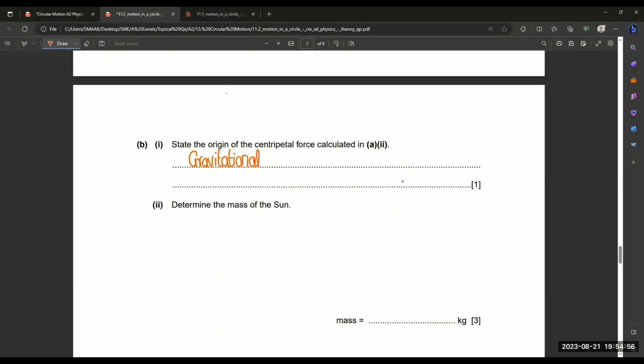So gravitational field strength is the final answer. We will solve part 2 after doing the second chapter, that is related to gravitation, because we need to know the formula for gravitation. So we will not solve this question right now. We will solve it after completing chapter number 2.